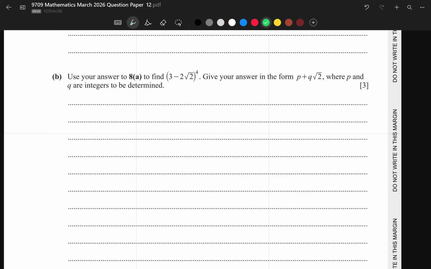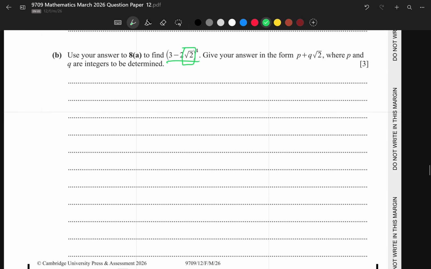Use your answer to 8a to find this. Give your answers in the form of p + q square root 2, where p and q are integers to be determined. So this equation is the same as the previous part, just there was x and now we have square root of 2. So instead of x we'll write square root of 2.